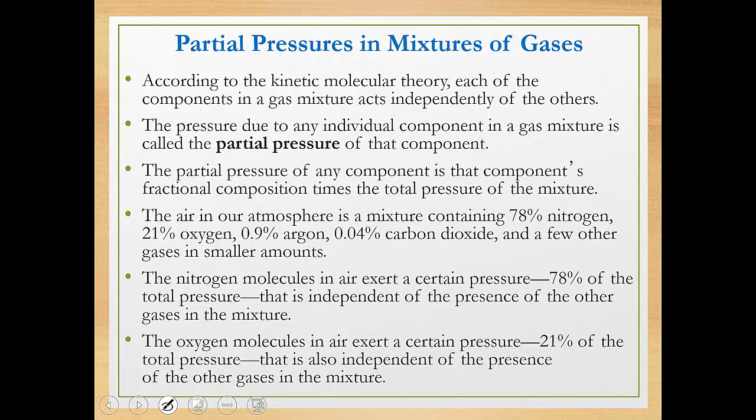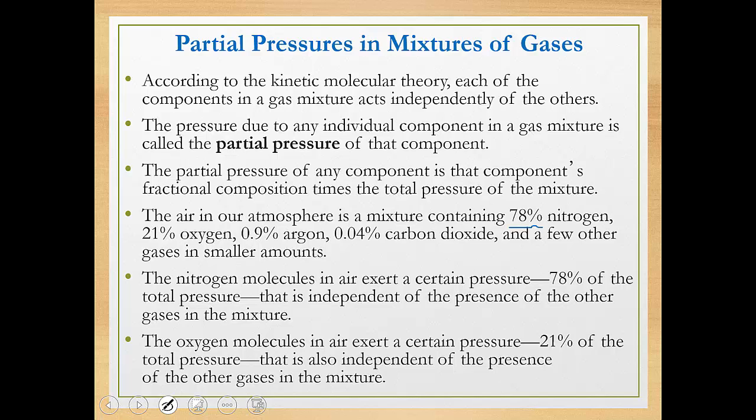Now, the pressure that comes from any individual component in a mixture of gases is called the partial pressure for that gas. That makes sense. It's part of the mixture. It has a partial pressure. And you can measure the partial pressure for a particular type of gas, and that will indicate to you the degree of ideality or non-ideality of that gas.